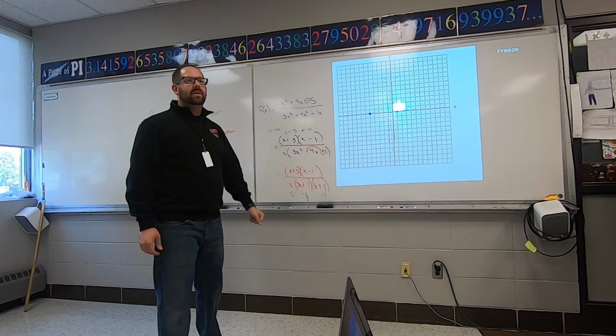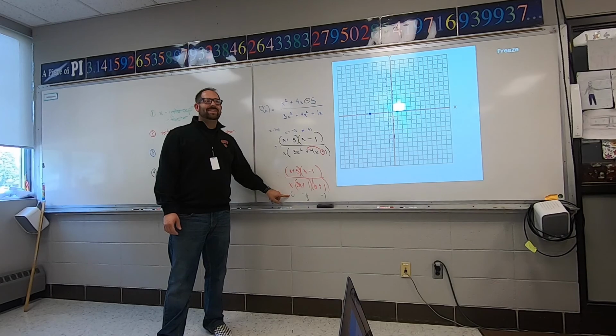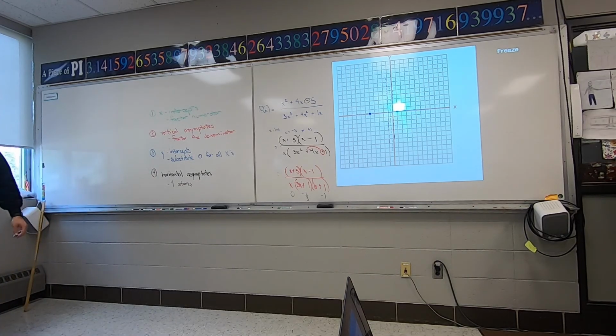It literally threw out 0, because the X in front represents that vertical asymptote at 0. For the whole thing, you're taking everything in the parentheses times 0.